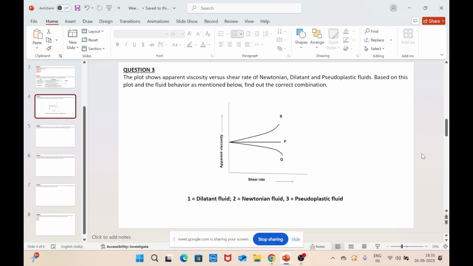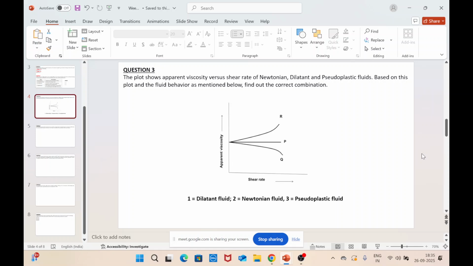Yes, anyone? So, can we match? As per the definition, for a Newtonian fluid, the viscosity is going to remain independent of the shear rate.